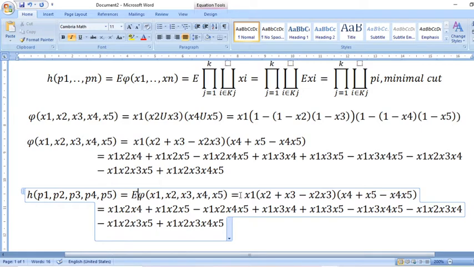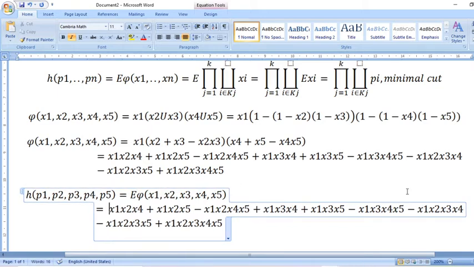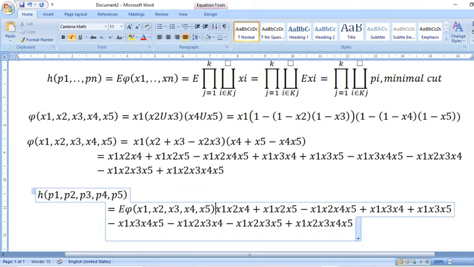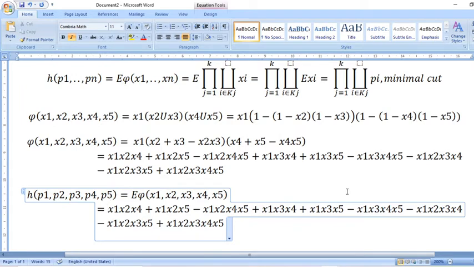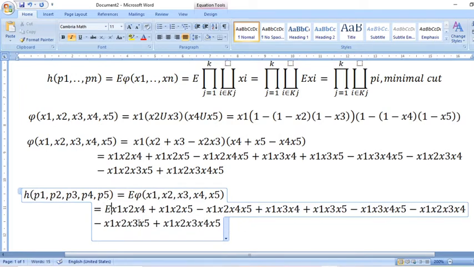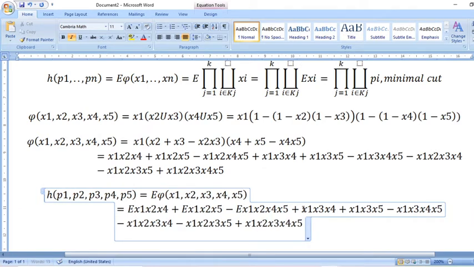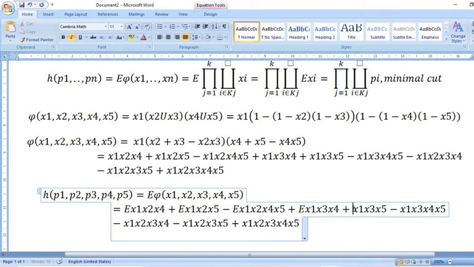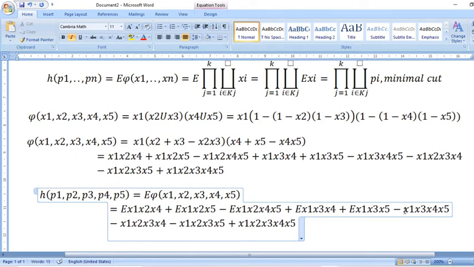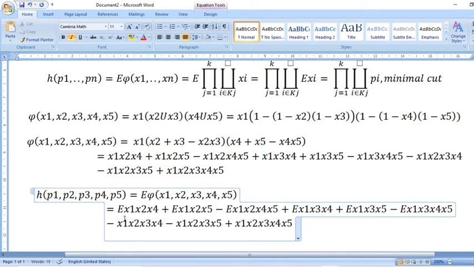We can take the expectation for each and every term. We can put expectation here, expectation here, expectation here. Since the components are assumed to be independent, we can take the expectation inside.